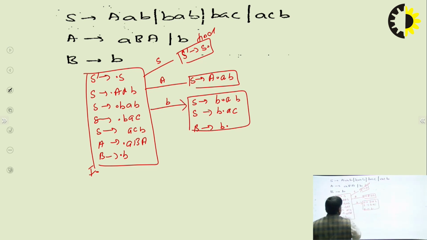We explore these productions because the input is B, and we combine them into a single state.